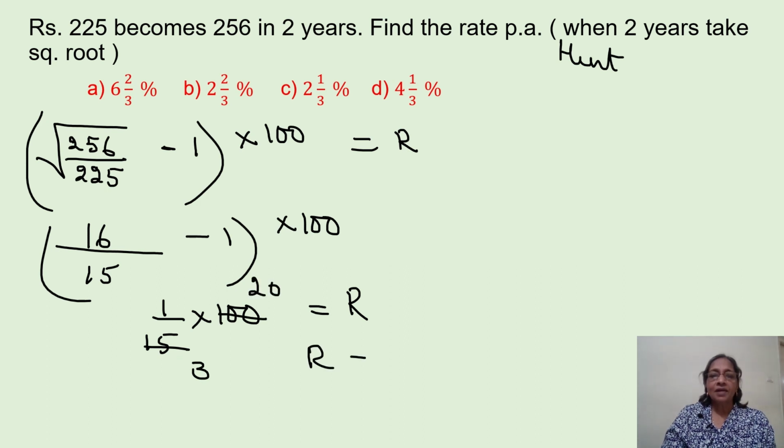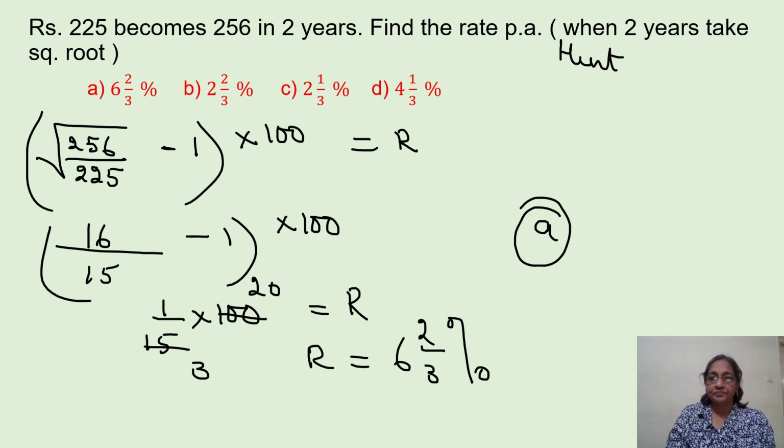So R will be nothing but 6 2 upon 3%. Alright. Now, supposing you were given 3 years, then you take the cube root. Correct option over here is the A option. Okay. Let's go to the next sum.